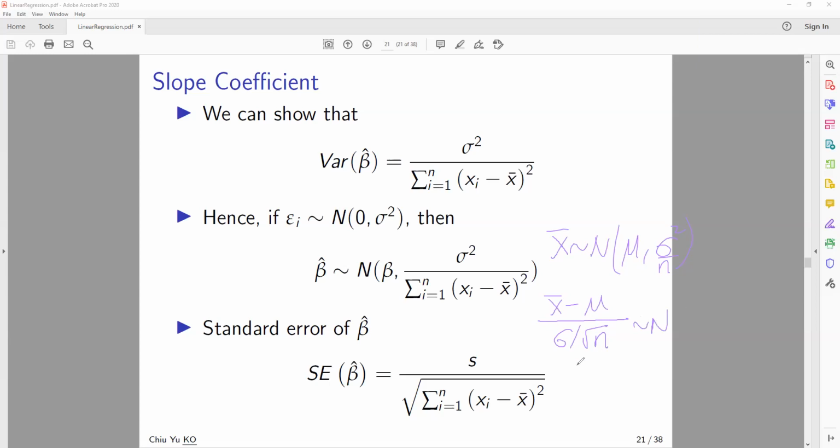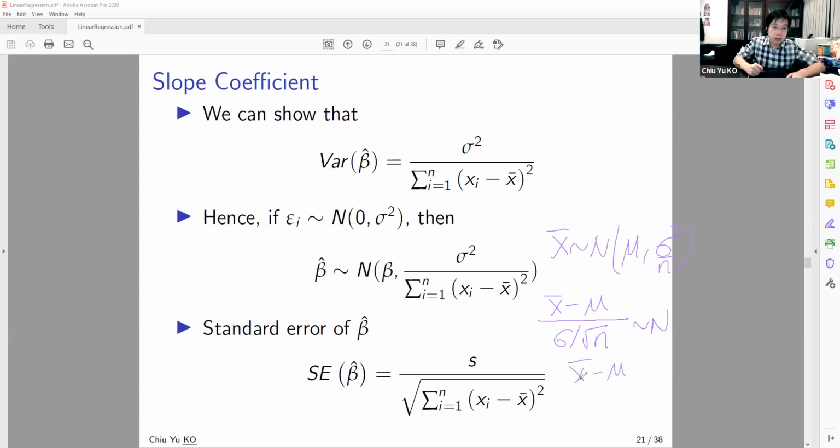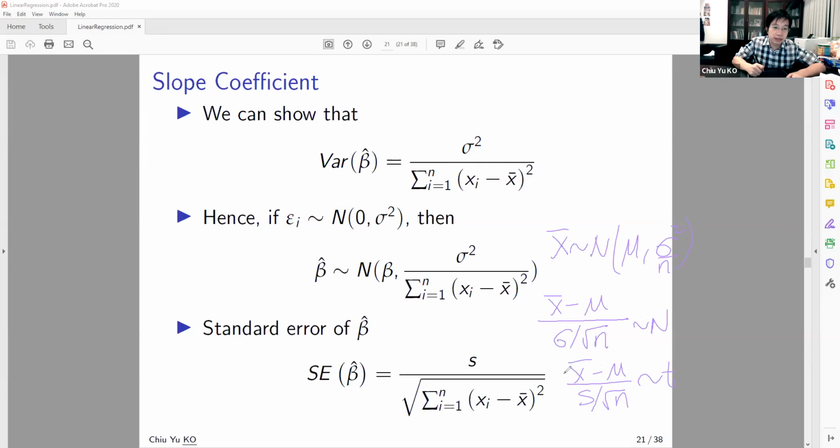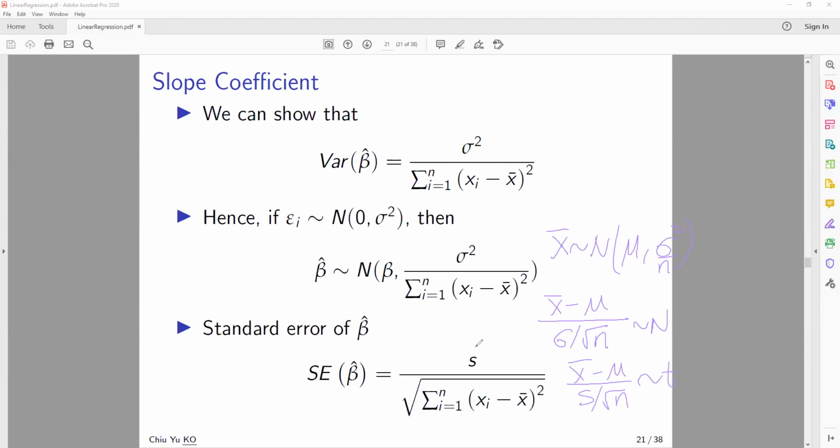But with a t, can you see? You replace sigma by s, then it becomes t. That is what we are doing here. Oh, I see. I got it. Thank you.